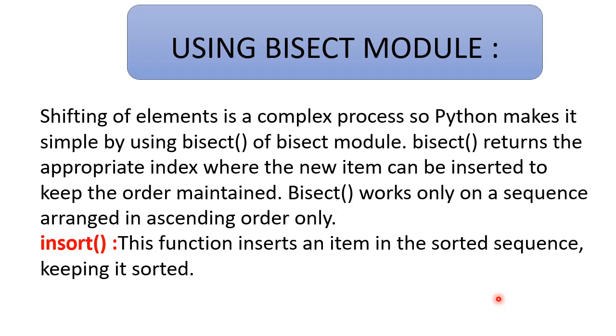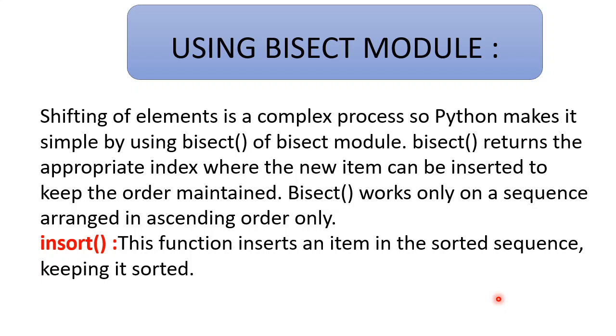So to save our time, we will use the bisect module. The bisect module will return the appropriate position, the appropriate index for the element. Okay, but the limitation of the bisect module is that it only works for ascending order. The list must be sorted and it must be in ascending order also.